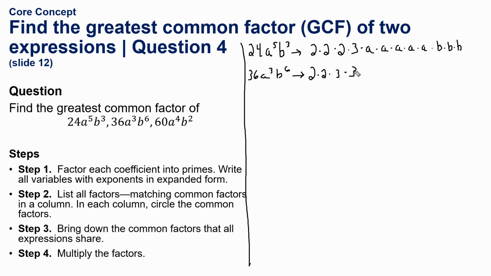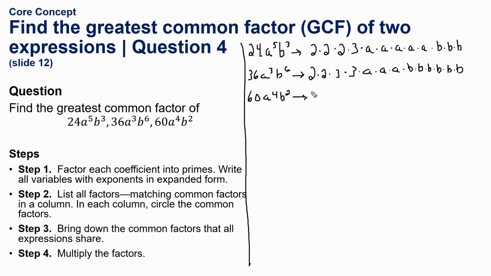And then we have a to the third power, which is a times a times a, and then b to the sixth power, b times b times b times b times b, and one final b that we have here. And then the last term we have is 60a to the fourth power, b to the second power.